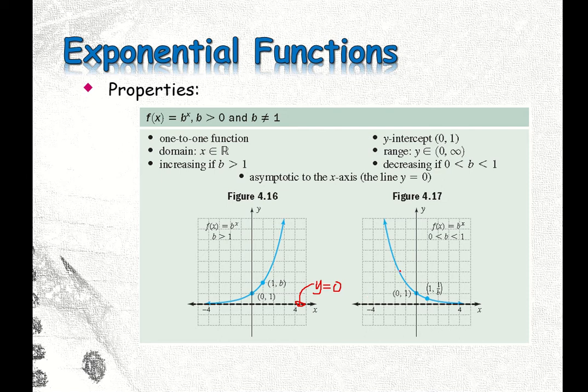Here, when we increase the value of x, the function comes closer and closer to the x-axis, but it will not touch it. Okay, so we have to remember these very important properties of exponential functions.